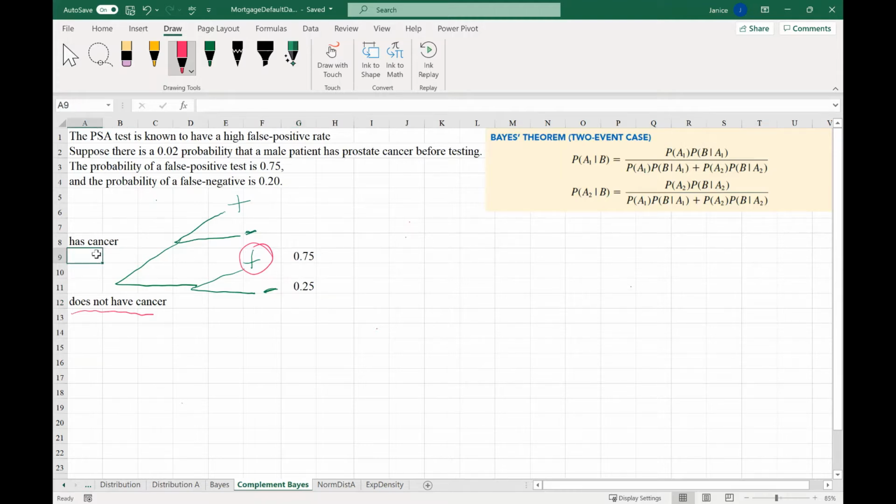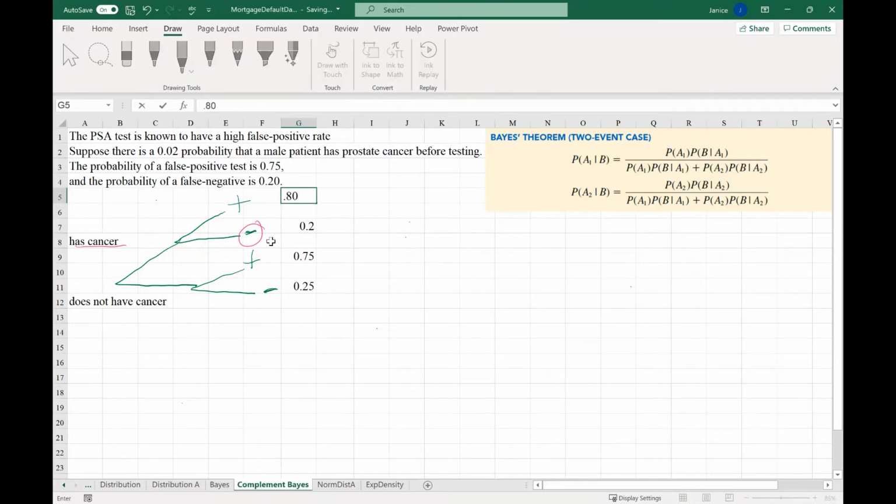We can do the same thing up here. If our patient has cancer and he gets a false negative, then we know that value is 0.20, and 1 minus 0.20 is 0.80.